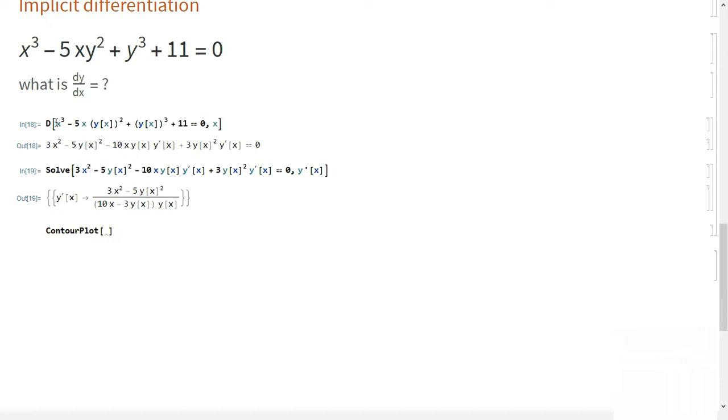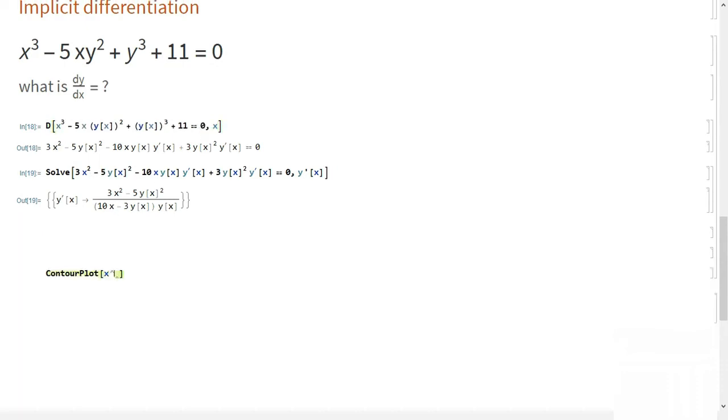And again, let's just take our expression over here. By expression I mean just this part, not the equals 0. We are not taking that part. x cubed, I'll just go with the power symbol right now, plus 5xy squared plus y cubed plus 11.